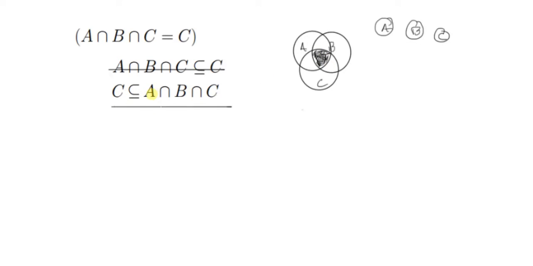So this one is not necessarily true, and in our example here, it's not true. C is a subset of the intersection of A and B and C, and we can see here that there's elements in C that are not in the intersection here, and so this is our non-trivial case. So that's the one we're going to deal with. We're going to ignore this guy, and we're going to talk about this guy.